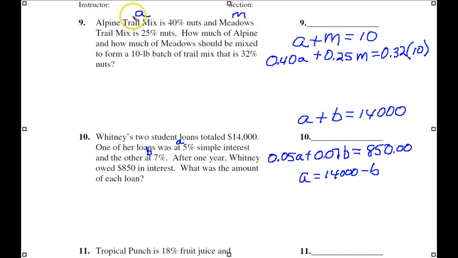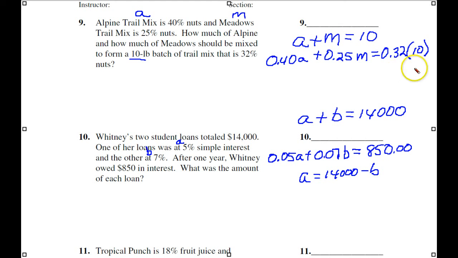Here we have alpine trail mix that I'll call A, meadow trail mix that I'll call M. And we want to get a 10-pound batch. So A plus M equals 10. Now the alpine mix is 40%, so 40% of A. Meadow mix is 25%. 25% of M will equal what you want to end up with, 32% of your 10 pounds.